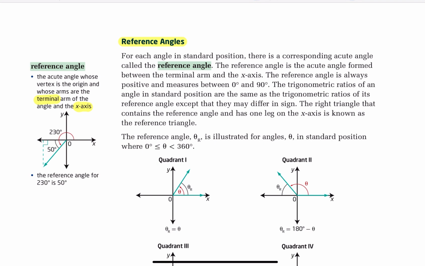In this case, the terminal arm projection lies on the left side of the x-axis, so you can see that your reference angle starts from the position where the terminal projection lies, and goes up until you touch the terminal arm of your original angle, and that will be your reference angle.